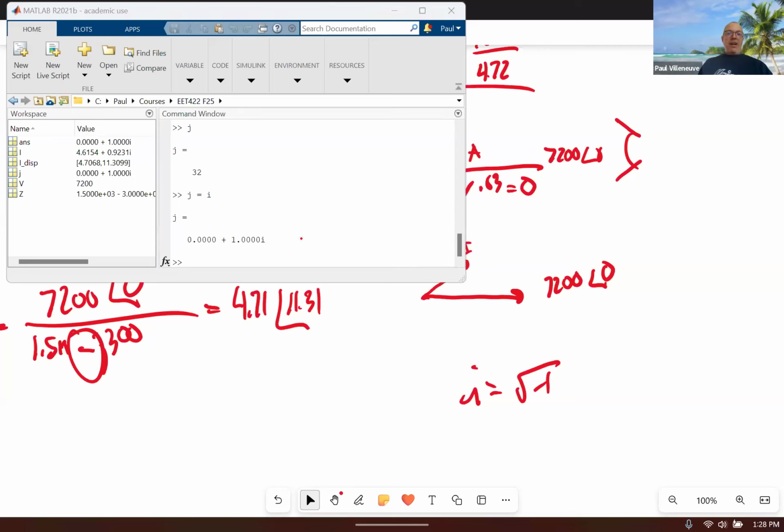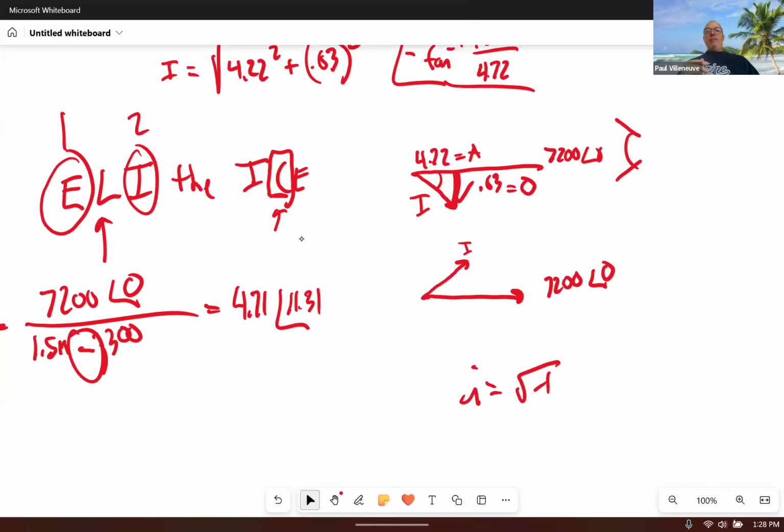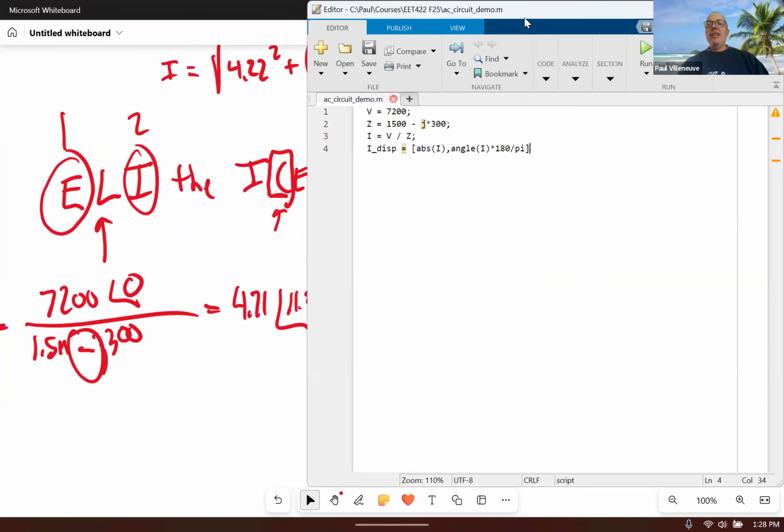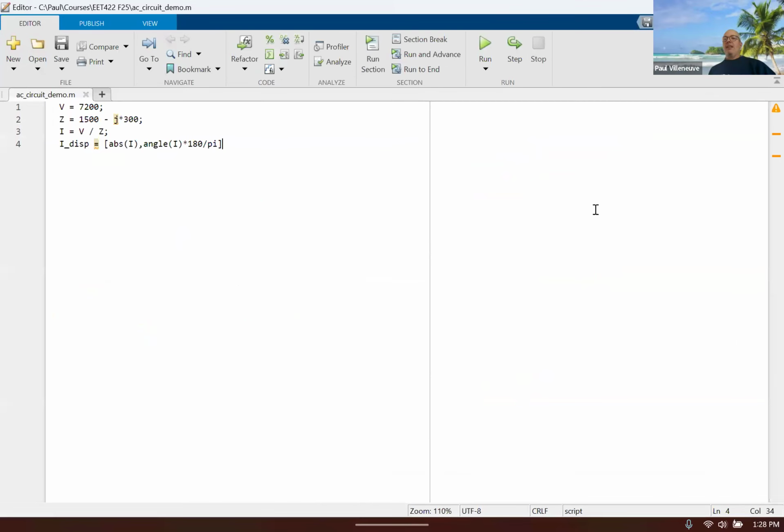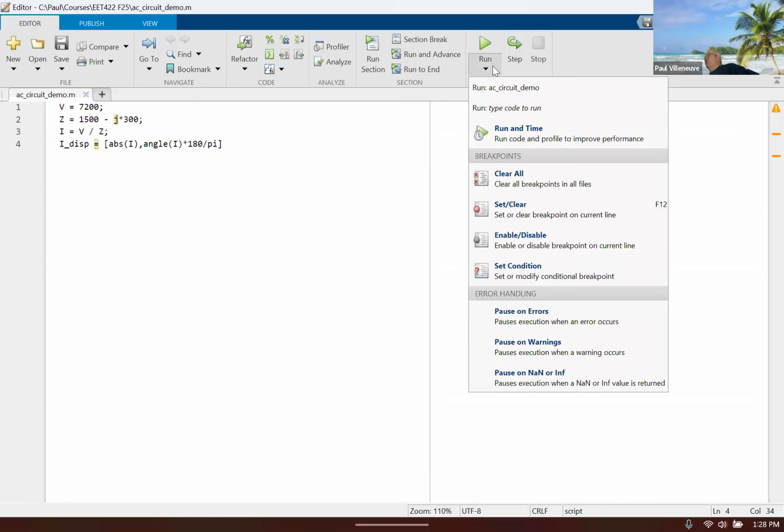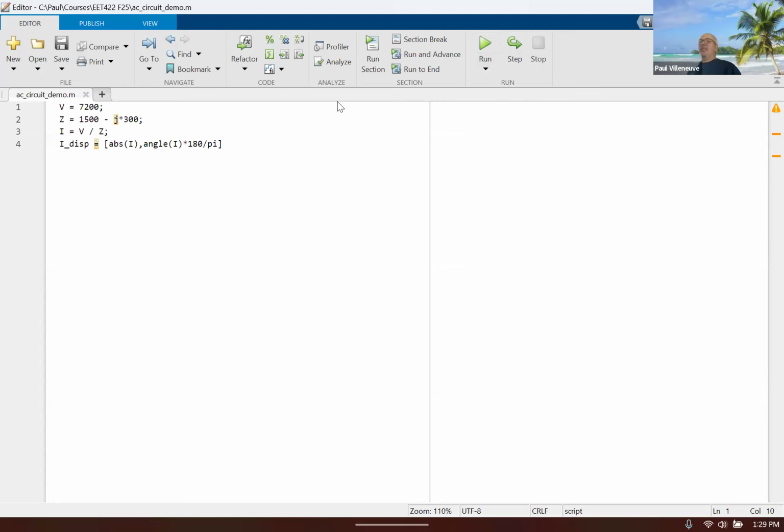Now I have a script file, and the best part about my script file is, let me zoom out a little bit, I actually have a debugger in here. When you use your calculator and get an answer you don't expect, you go back line by line to figure out what the mistake is. Over here, I can do that manually.